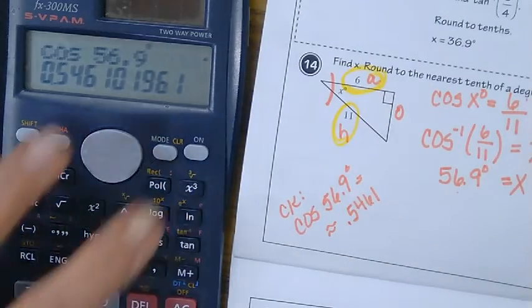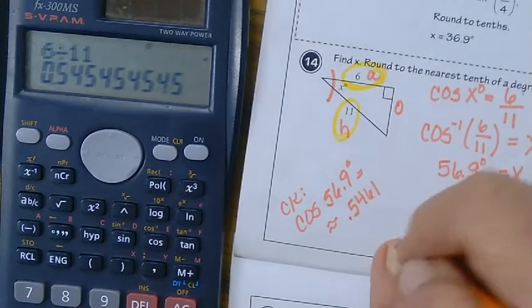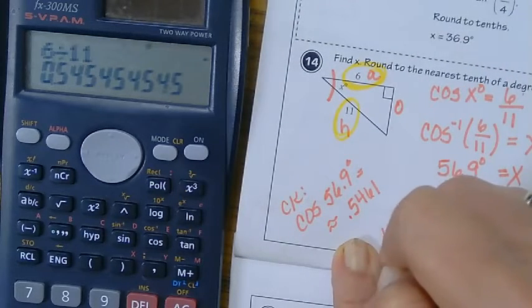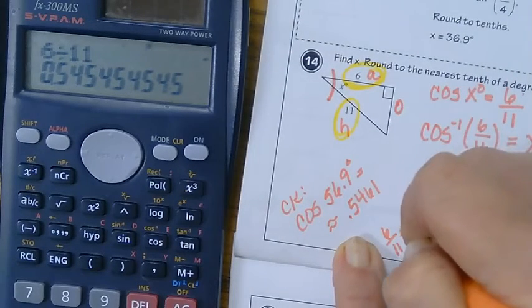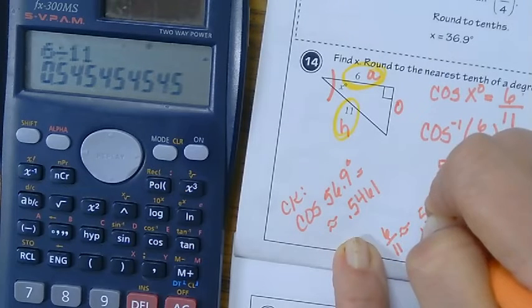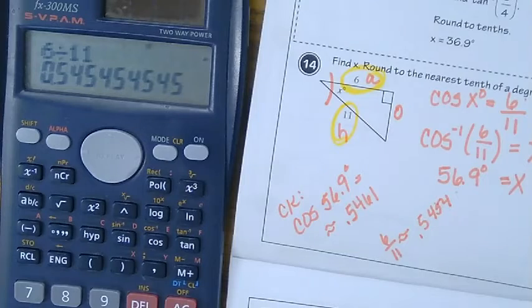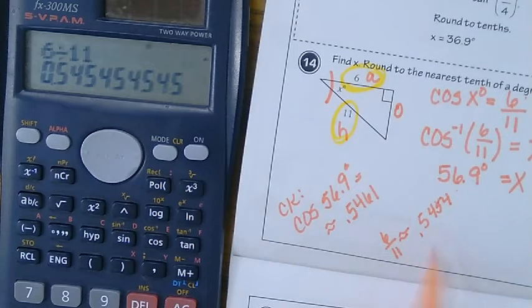Now, what is 6 divided by 11? What if that was a decimal? Point 5454. And because we've done some rounding, they're very close to each other. We're not going to get them exact.